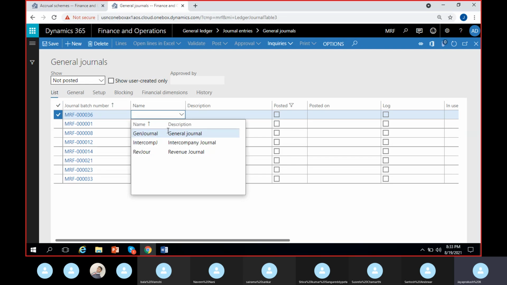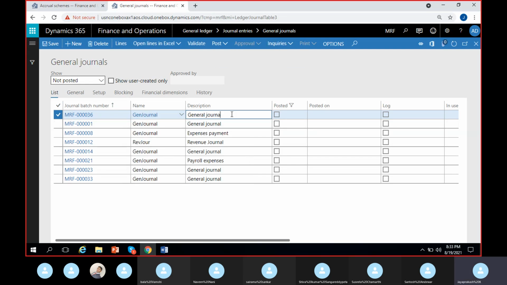Select a journal name, select journal, give it as insurance expenses 2021. I just gave it like this. Go to lines.